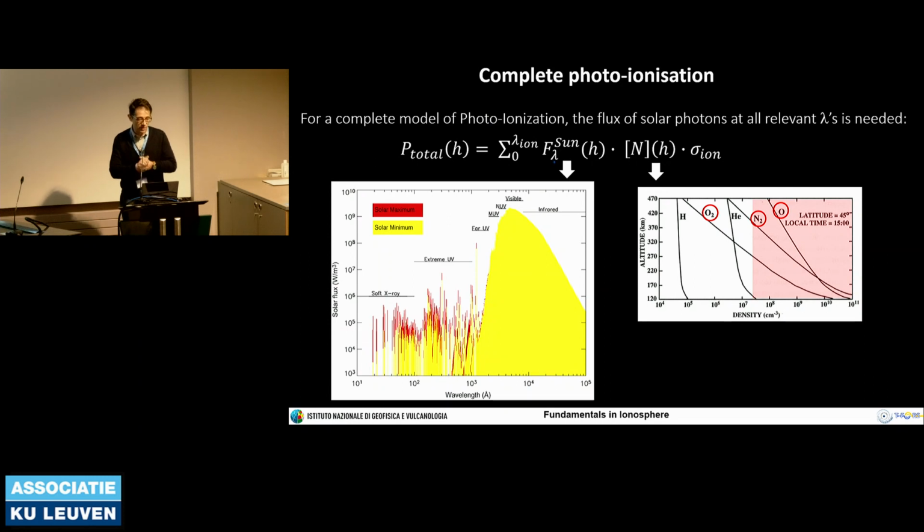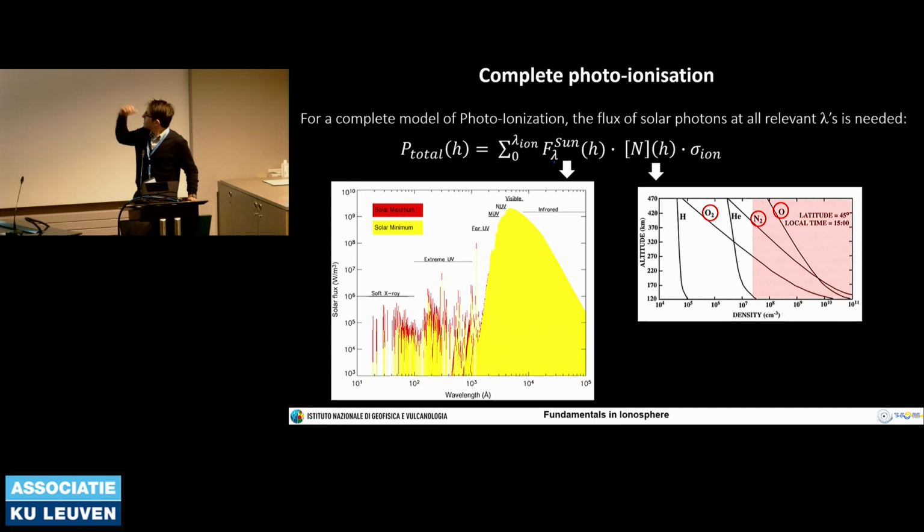So if we want to consider a complete photoionization, we have to take into account the full irradiance from the sun, and the full density of the various species as a function of the composition of the neutral atmosphere. If you remember, on the left you will see the solar flux at the various wavelengths and frequencies, also reported for two different levels of solar activity, so the solar maximum and solar minimum.